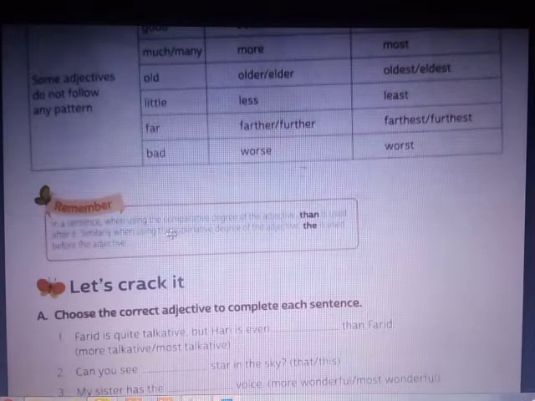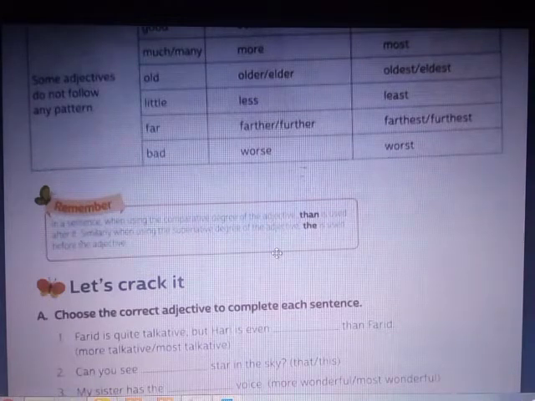In comparative degree we use than after the adjective, and in superlative we use the before the adjective. Got it? So this is a basic thing, try to understand, remember.